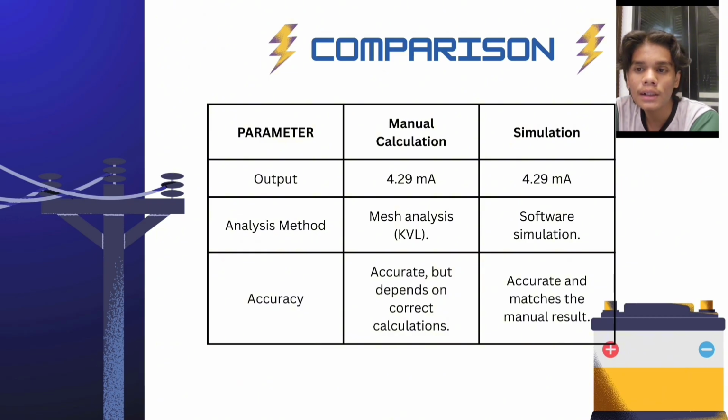For the analysis method, for the manual, we use mesh analysis, which is Kirchhoff voltage law, and for the simulation, we use the software. So accuracy, it is accurate, but depends on the correct calculation. If we got a slight error in the calculation and then boom, we got it wrong. For the simulation, it is accurate and matches the manual result.